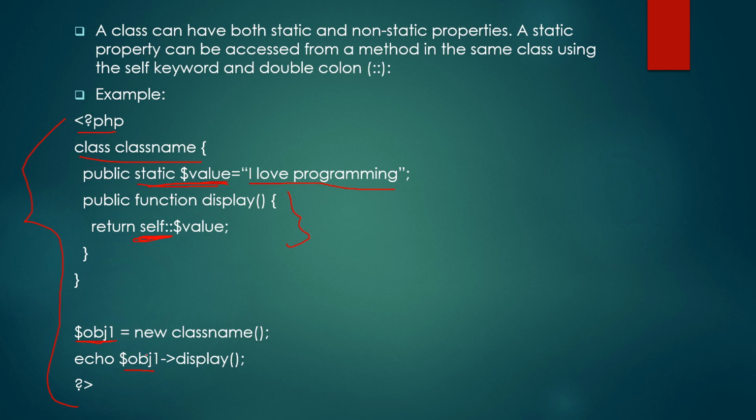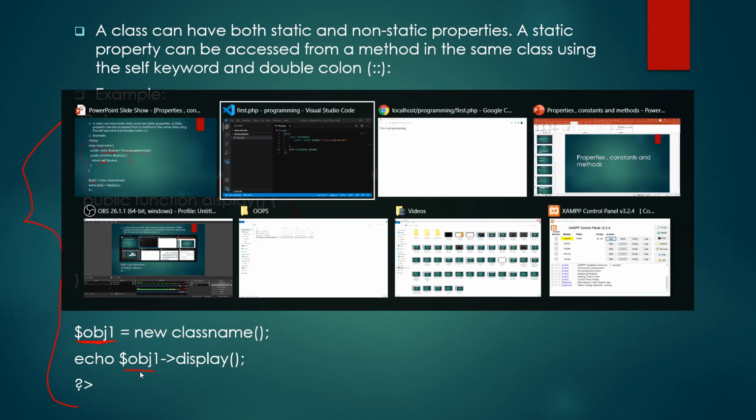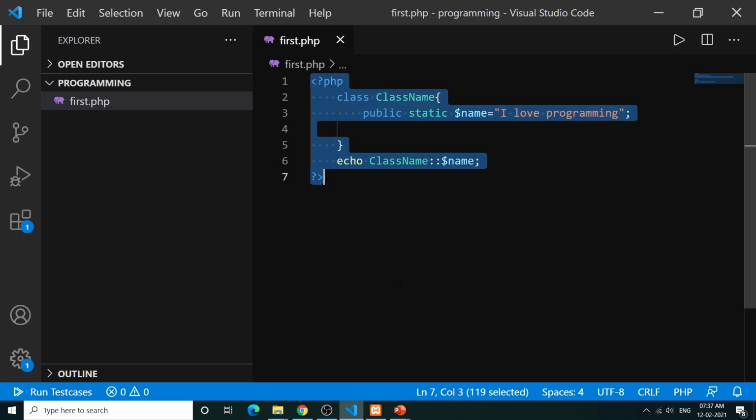I can simply access that method without any object as well. But since I'm just returning this variable using this method, I have to create an object of the class and then try to access this method using this object. Okay, so I'll just go to an IDE.